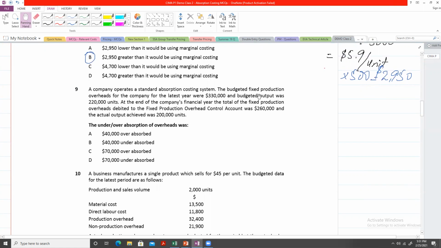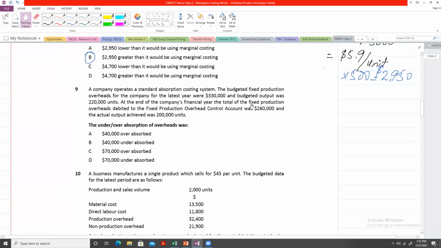The budgeted fixed production overheads for the company for the latest year were $330,000, and budgeted output was 220,000 units. At the end of the financial year, the total of the fixed production overheads debited to the fixed production overhead control account was $260,000, and the actual output achieved was 200,000 units.